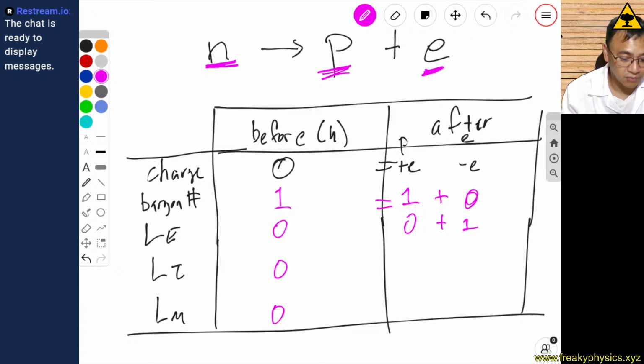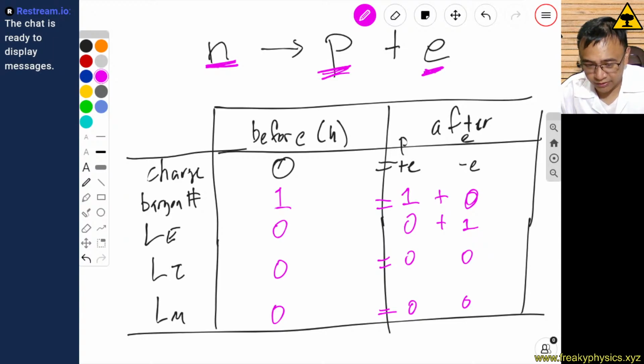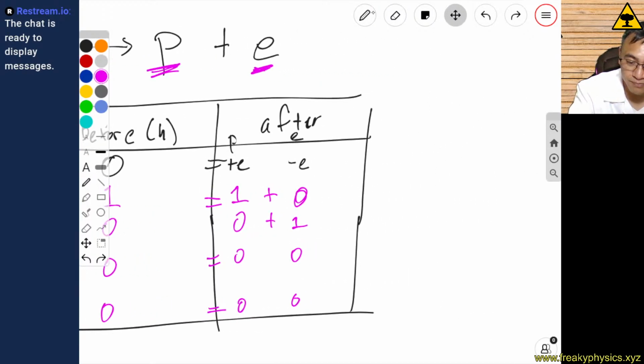Now we run into a problem. So this is what physicists ran into when they started solving the proton and neutron reaction in terms of the lepton numbers. There's something missing. This cannot happen, because that's 0 equals 1. So there must be a third particle produced, right?